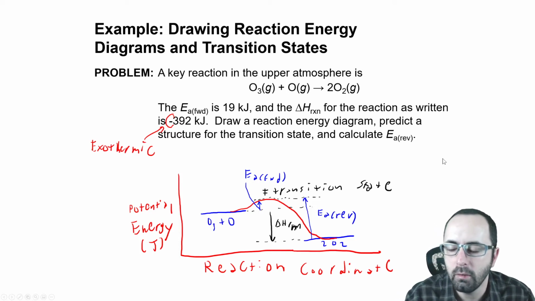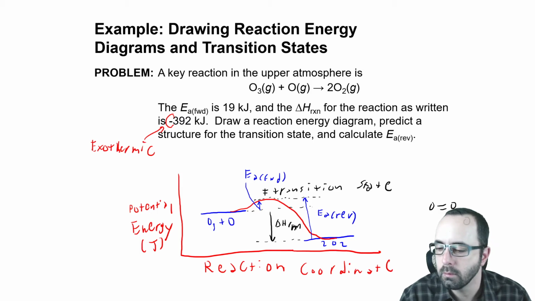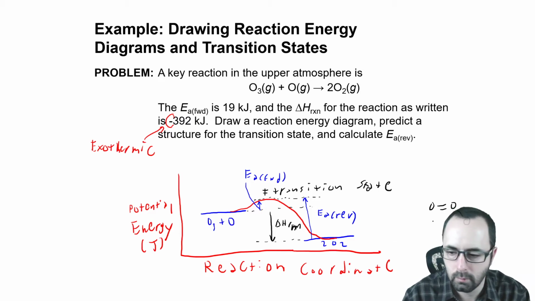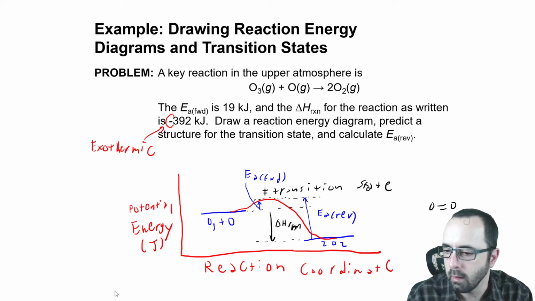Now, in terms of a transition state, what we could draw here is the oxygen. So this is going to be like this, and this is ozone right here. It's going to have another oxygen here, and then there's going to be an oxygen atom. And what's going to be happening in this reaction is we're going to have a partial breaking.